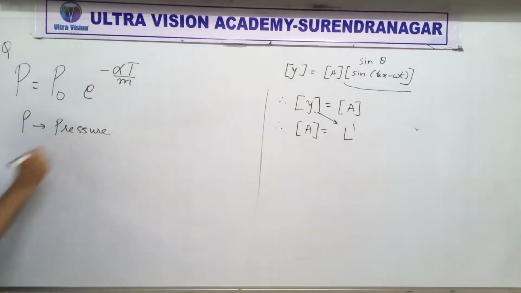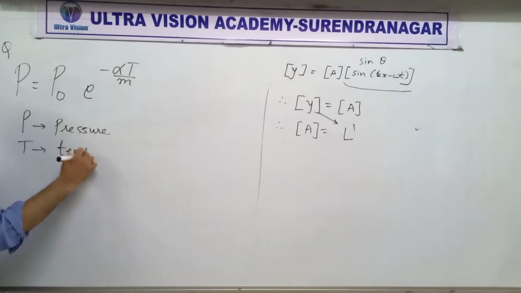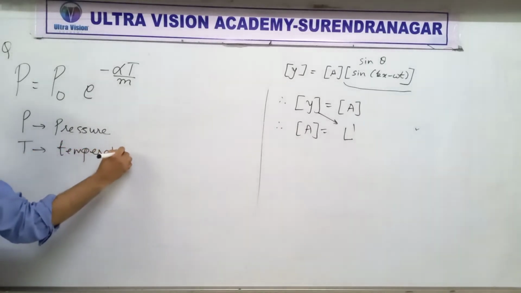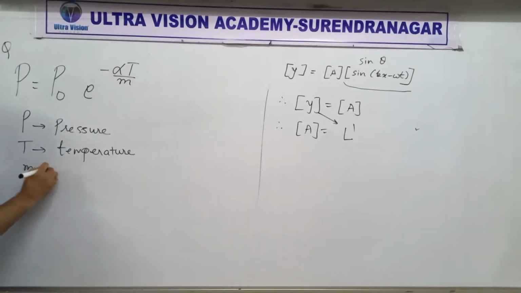P is pressure, t is temperature, m is mass. So these quantities are given to us.